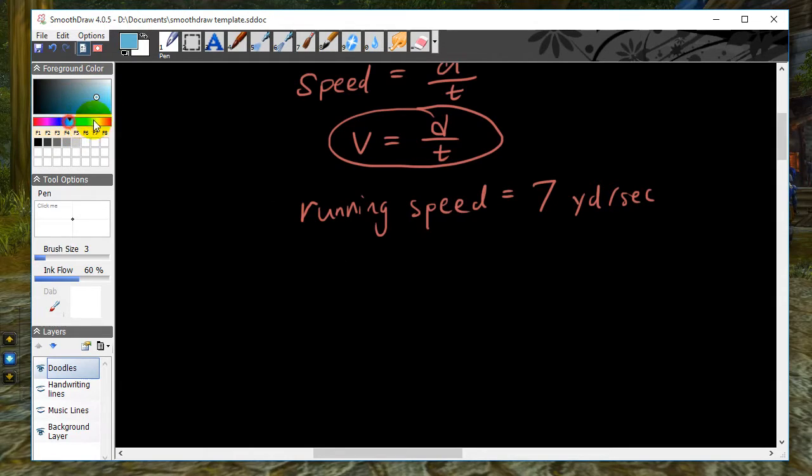So I put the number 7 where v is, and I can say 7 equals d over t. Now, out of d and t, if I know one of them, I can figure out the other one.